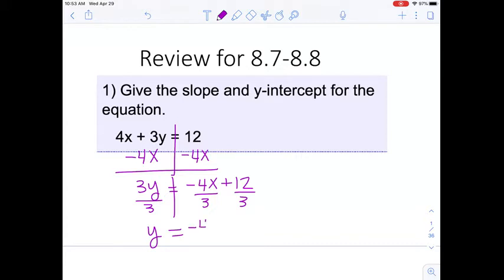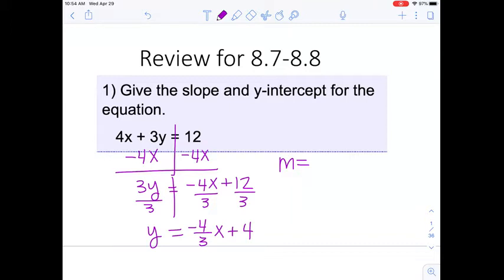Now I have y by itself: negative 4 over 3x, and then 12 over 3 is 4. So all I did to get this into slope-intercept form is I got y by itself. I solved this equation for y.